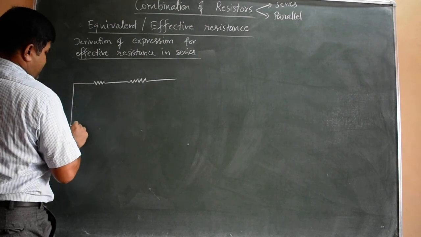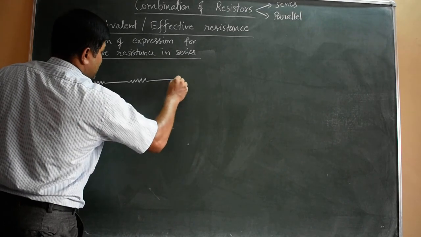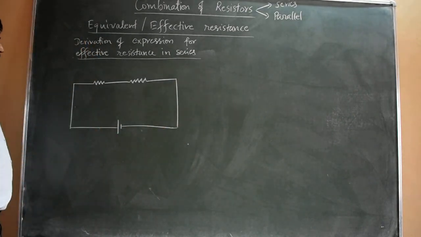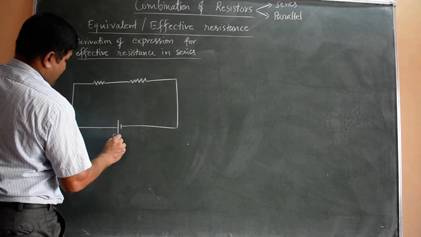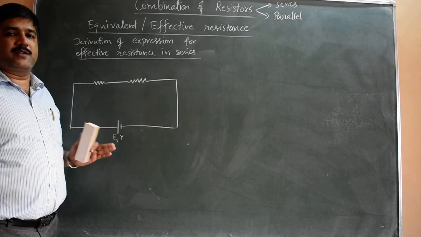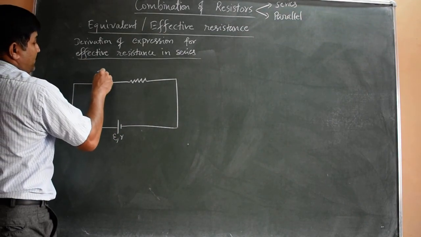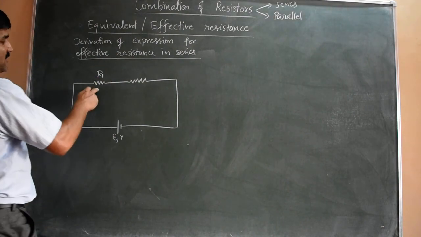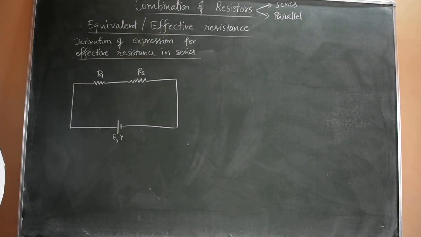Now this is connected to a certain battery or cell. I will take a simple electrolytic cell of certain EMF and some internal resistance r. That EMF and internal resistance I will discuss in the next class. Now let R1 be the resistance of the first resistor and R2 be the resistance of the second resistor.